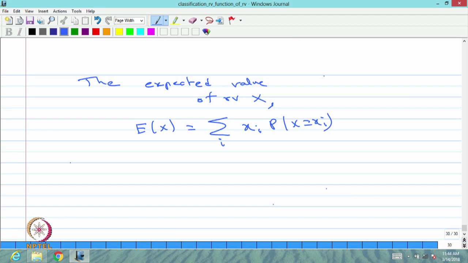So, now I am going for if the random variable x is of continuous type.